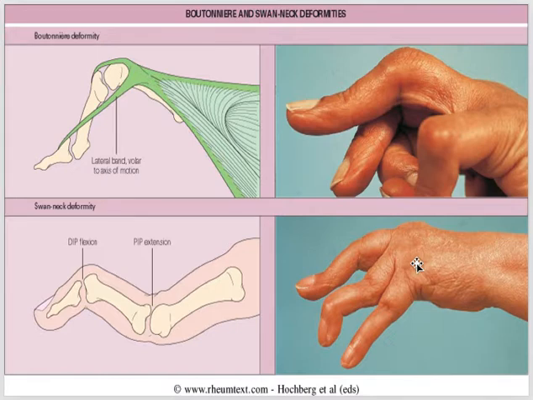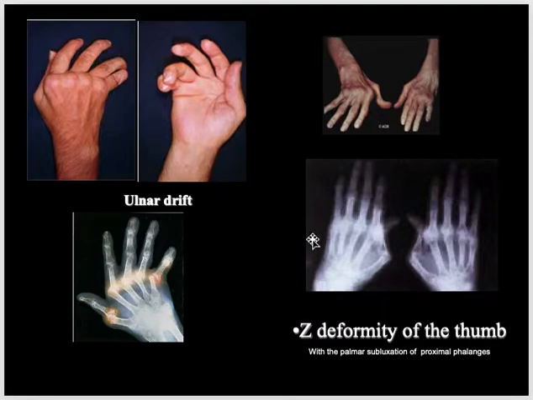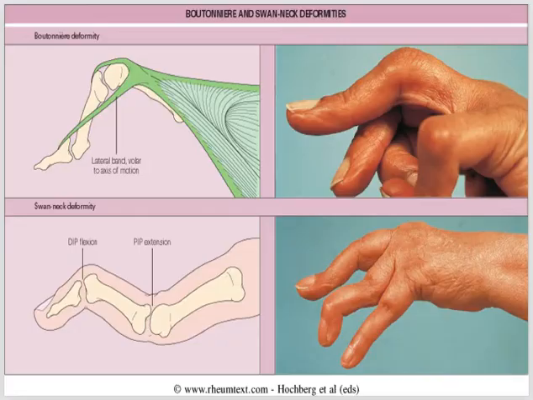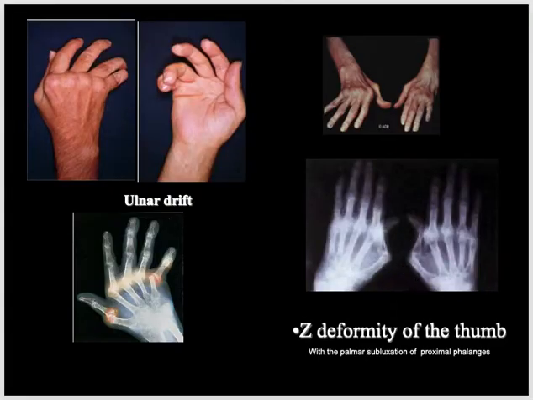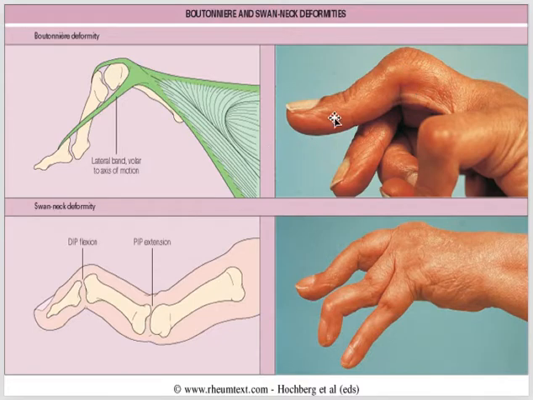So this is how we define. It's like you are pressing a button, and the other is like a swan neck. And in this one, the thumb looks like Z. So this is Z deformity of thumb. This is boutonniere deformity. This is swan neck deformity, right?